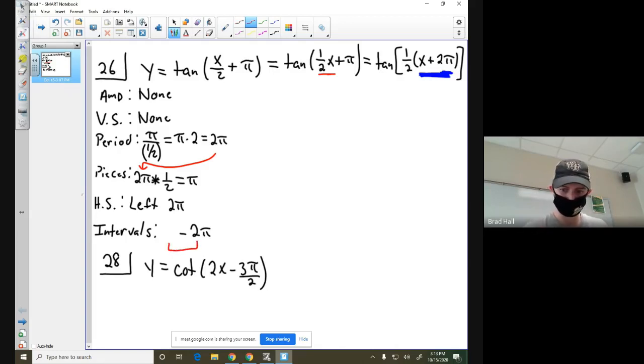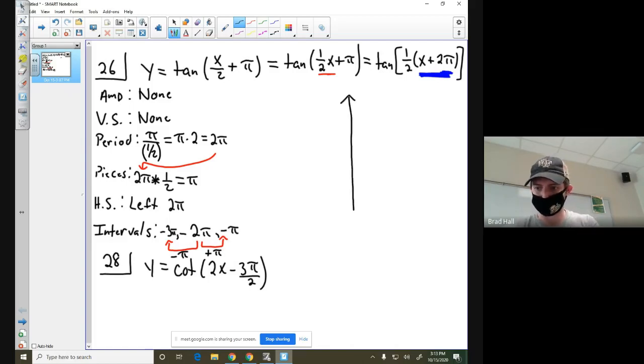We need to figure out one on the right, one on the left. The increments are by pi because that's the piece value, so we're subtracting pi, we're adding pi. So negative 2 minus 1 in essence is negative 3 pi, and then just negative pi. And there's no reflection, so we can go ahead and start graphing this.